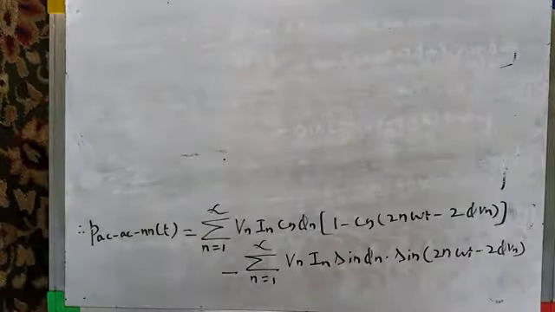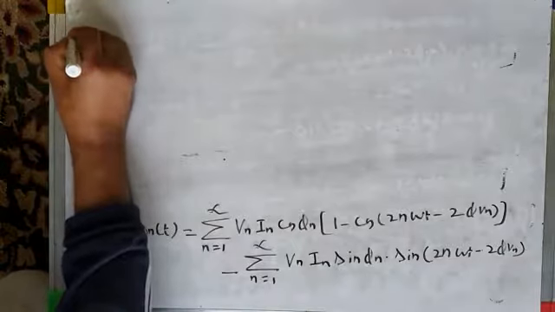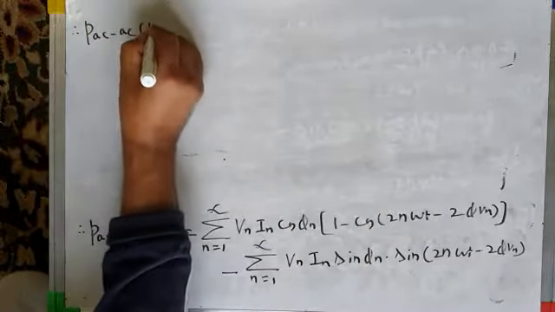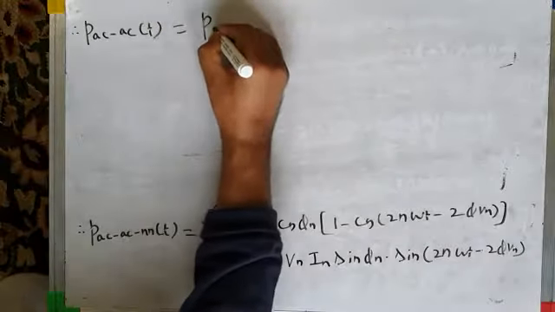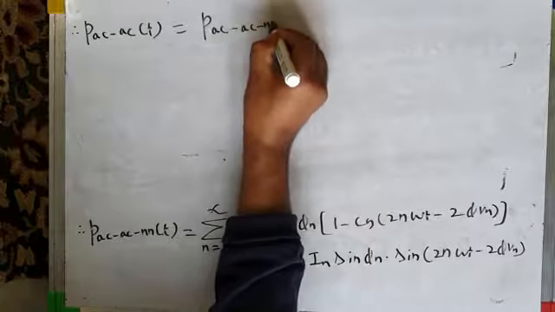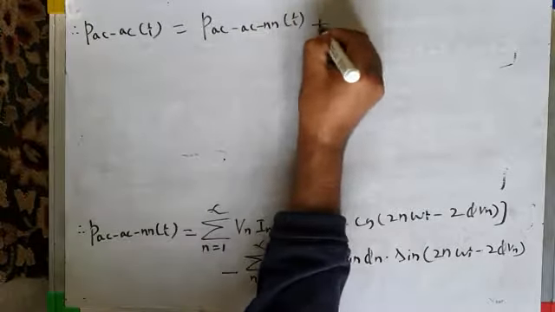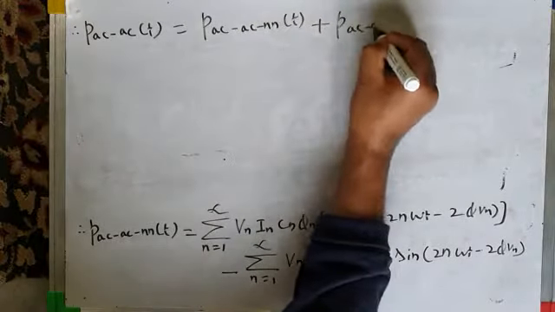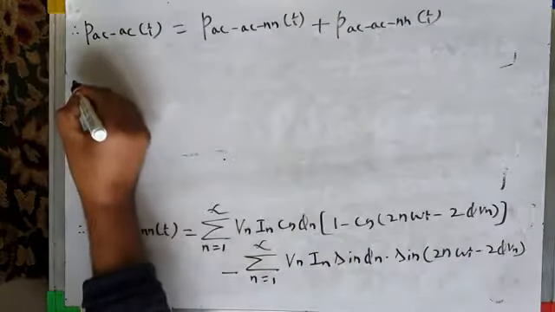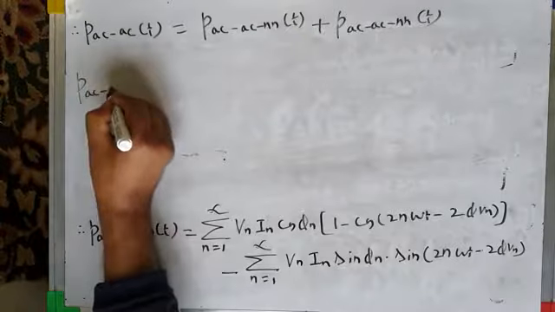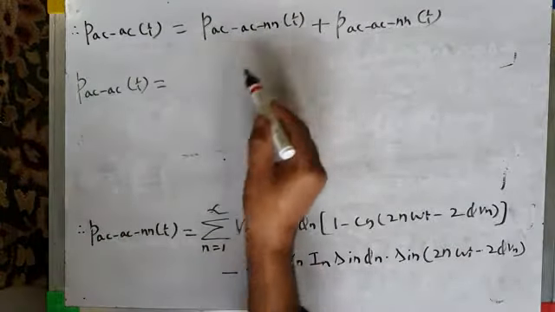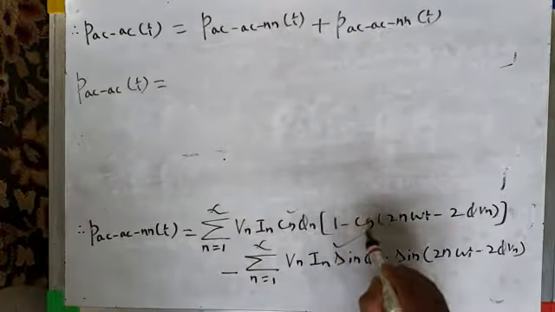So therefore, what is your total power, AC to AC power term? PACACT. As we already know, I had written just few moments back from equation 1, it's PACACNN T plus PACACNH T. So putting both the terms together, I will get PACAC as a function of time t is equal to, so what is PACACNN? I have already evaluated that.